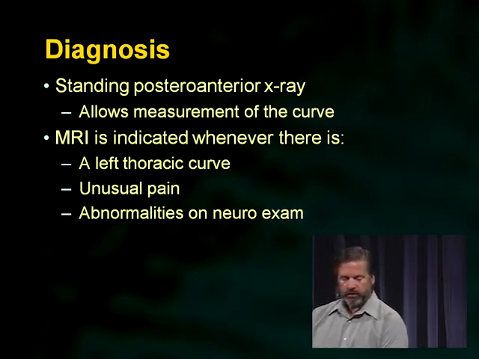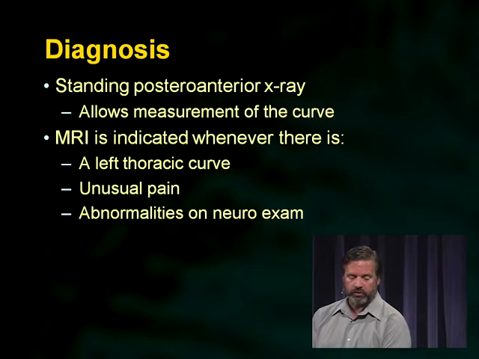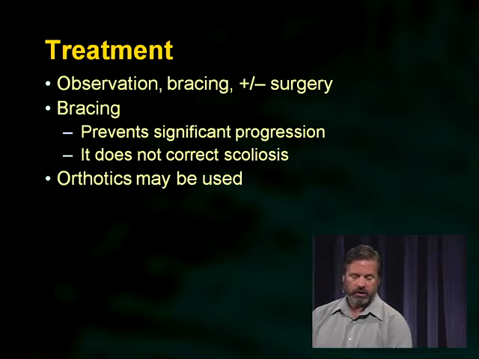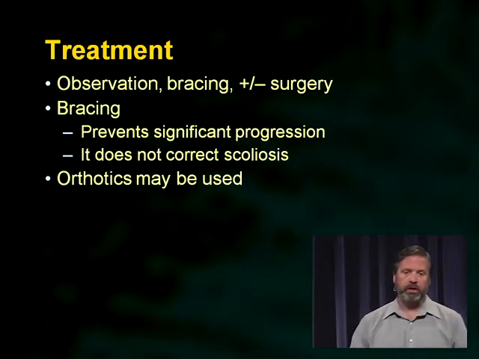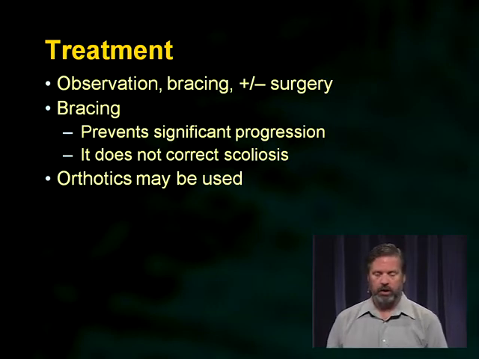You can use an MRI. As I mentioned, the left thoracic curve is highly unusual, and so that tends to be involved with other problems. So you might need an MRI in that case, or if there's a high degree of pain or any abnormalities on your neurologic exam. The treatment generally is bracing, and this is long-term bracing.